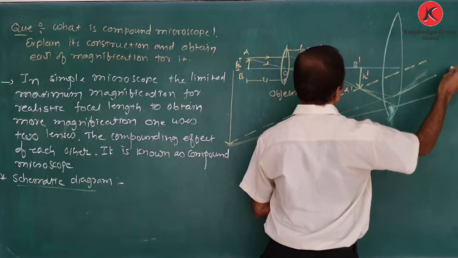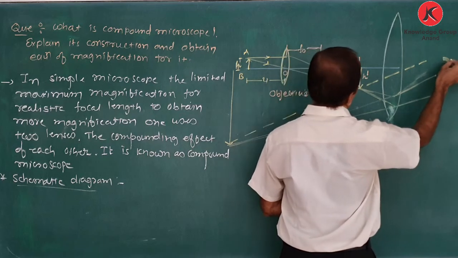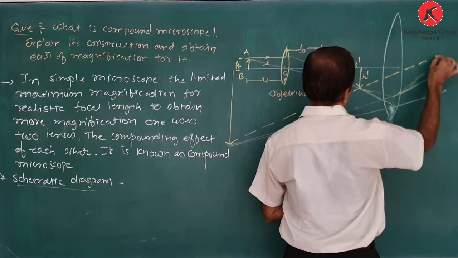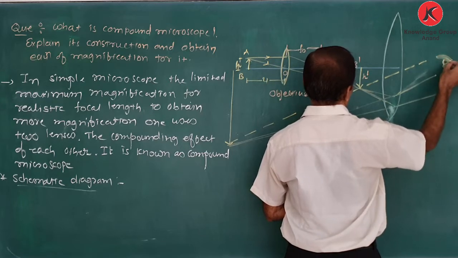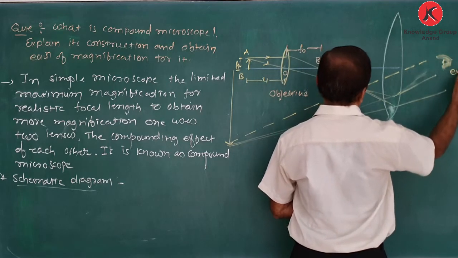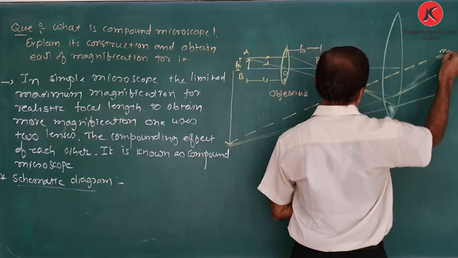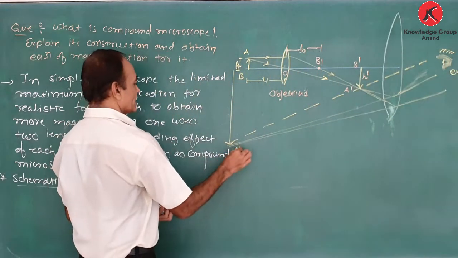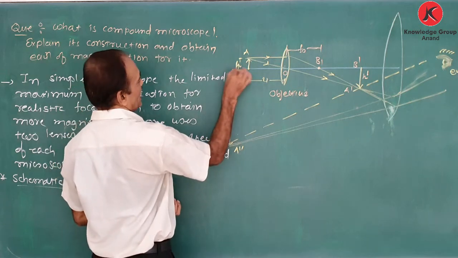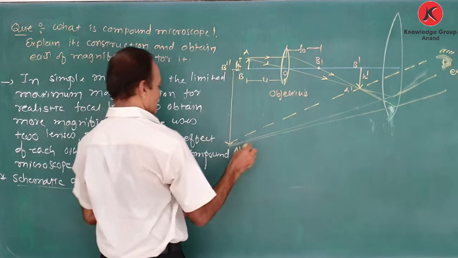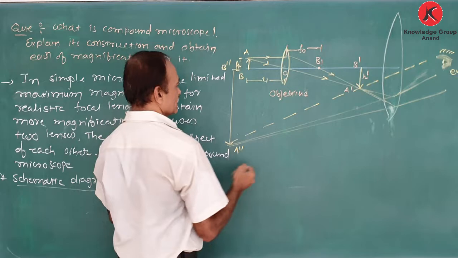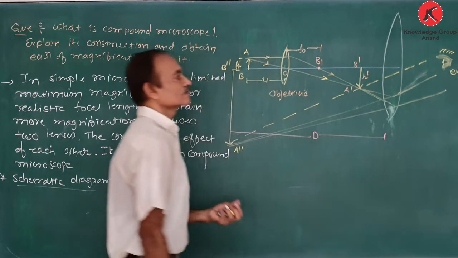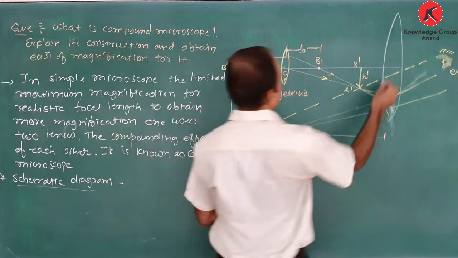These rays enter the eye of a person. So the final image A double dash B double dash is formed at near point distance. So this is the eyepiece.